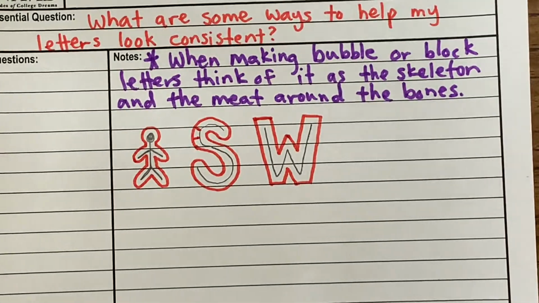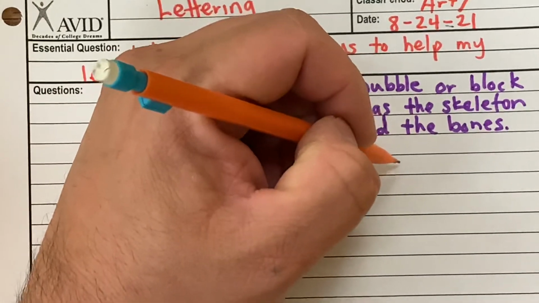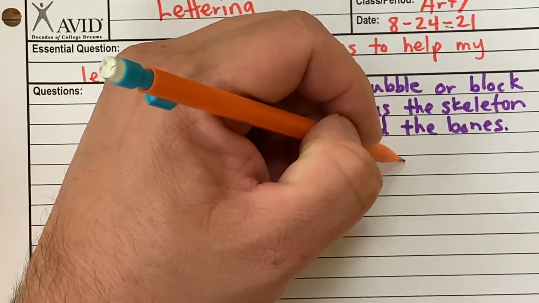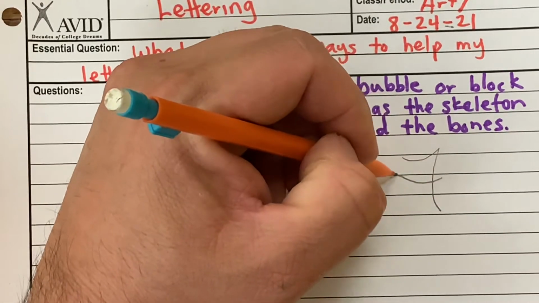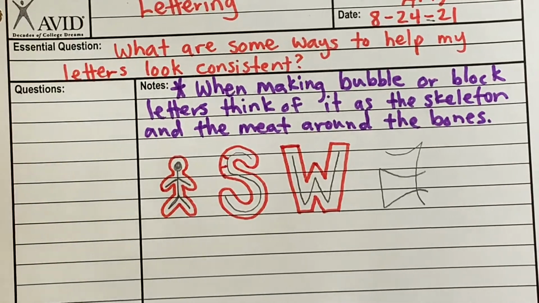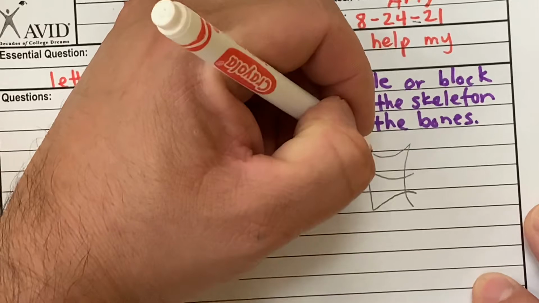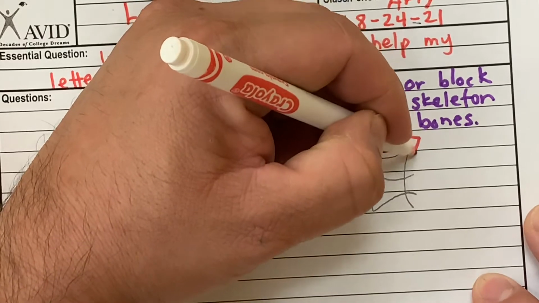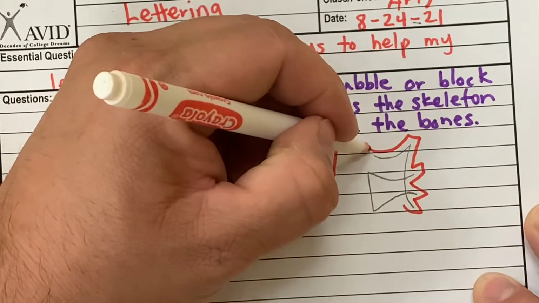Also, some people are like, oh, I want to make my own style of letter. Whenever I was in junior high and high school, I would draw my A's kind of like this, because I was a cholo, right? So if you have a stick letter that looks like that, you can kind of do the same thing, and I can just go around it.